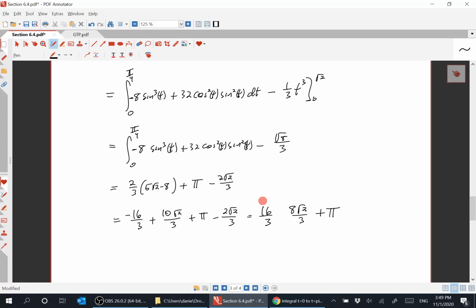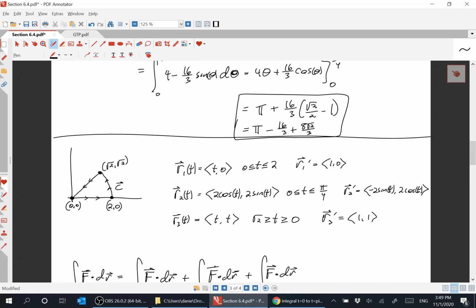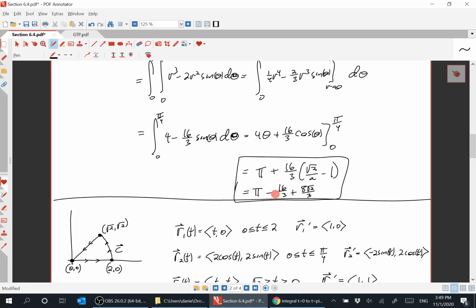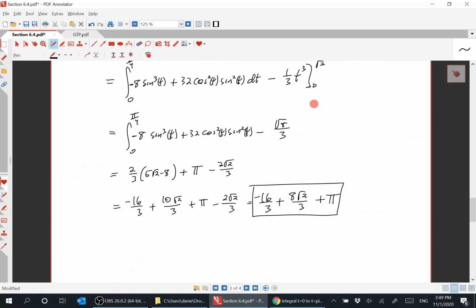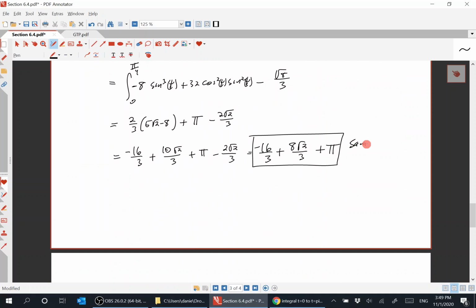So that's minus 16/3 plus 8 root 2 over 3 plus pi, which is the same answer as here. Pi minus 16/3 plus 8 root 2 over 3, same answer as below. Same answer as above.